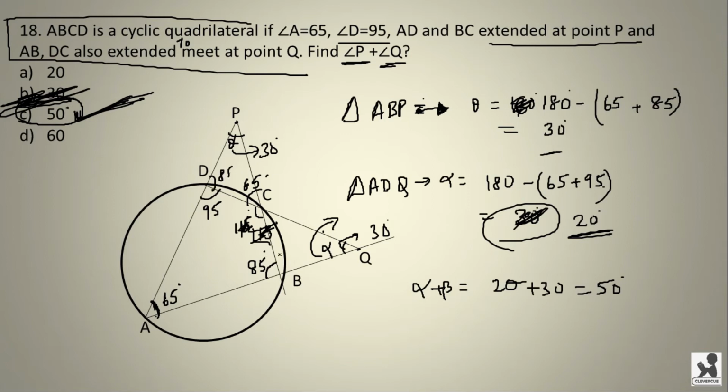If angle CBA is equal to 85 degrees, angle PDC is also 85 degrees. And we can consider triangle PDC and we can find the value of theta.